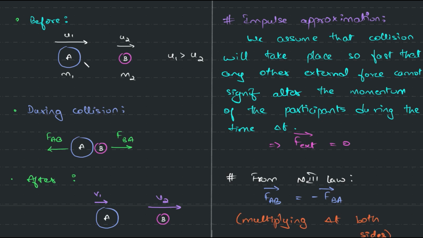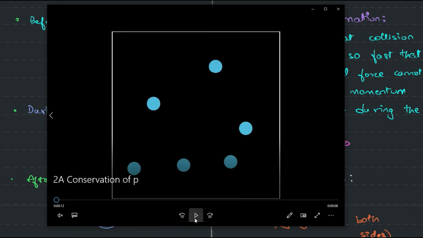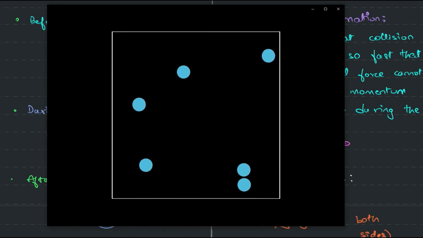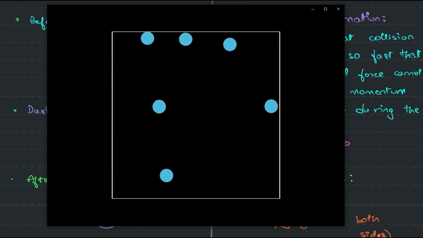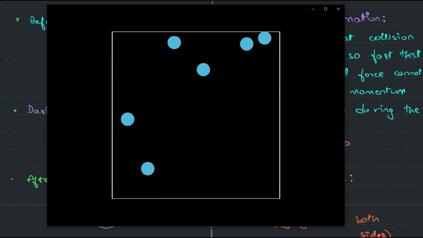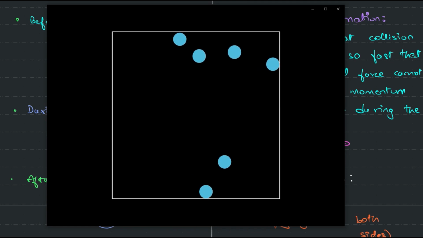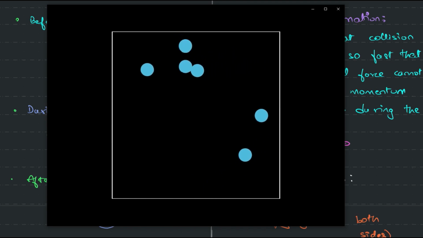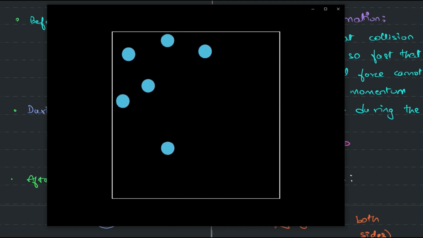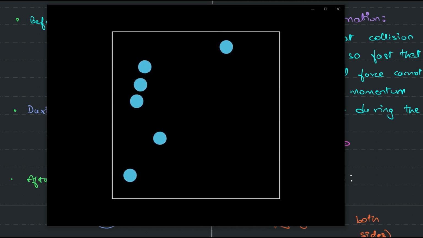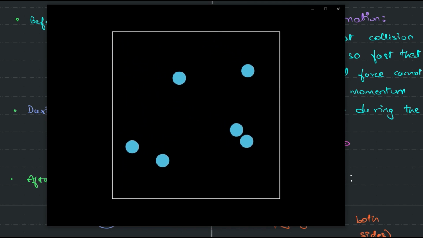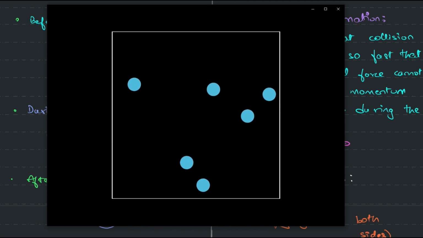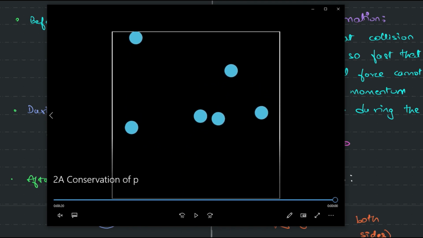Okay, so what did we see? We saw two objects colliding and their velocity is changing, right? This is happening here throughout. So we used this very animated video to introduce the idea of conservation of momentum, linear momentum, right? But there is so much interaction. How can we tell that the momentum is the same?